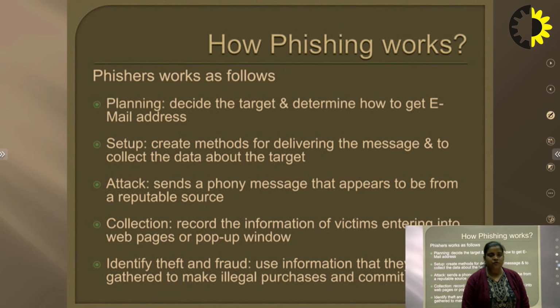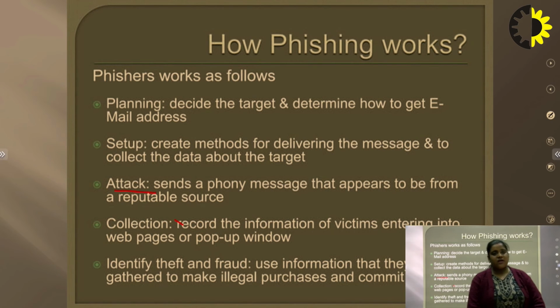To execute phishing, these are some methods used by the attacker. First of all, they set a plan, which means deciding who their target audience will be, the people on whom they want to apply the phishing strategy. After that, they create or follow a particular method to trap the genuine user. Then, in the third step, they launch an attack.